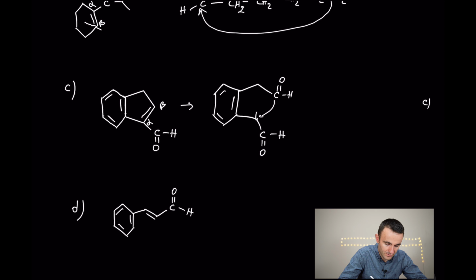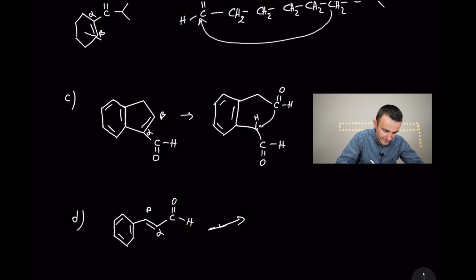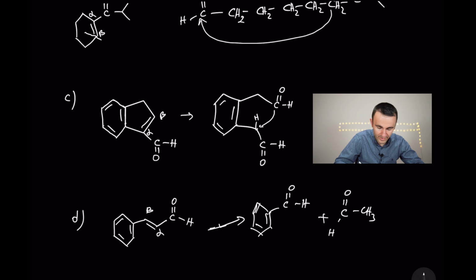Let's move to point D. How is it done here? Alpha, beta, again. You immediately notice the benzaldehyde and how it has happened. This has attacked this one here, right? What about this one? This is phenyl. This is complex, really.